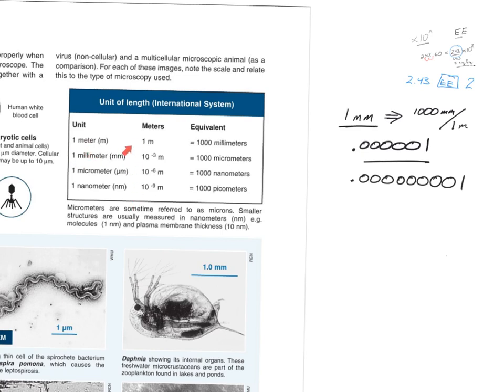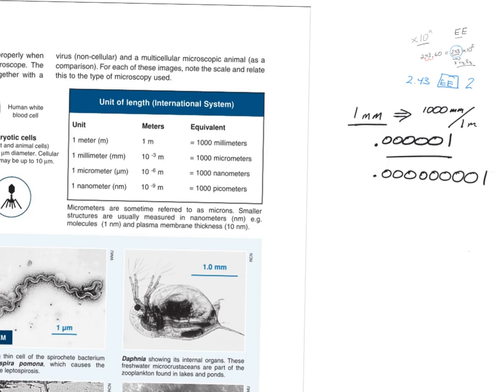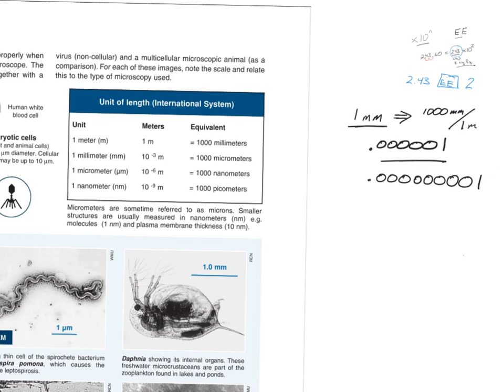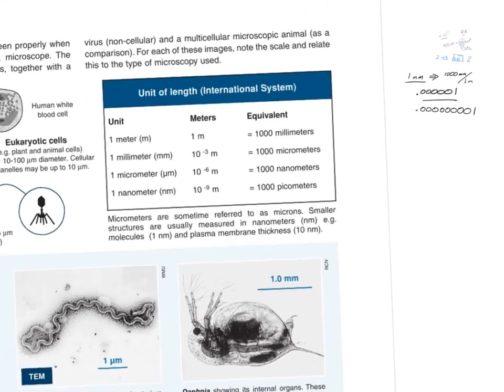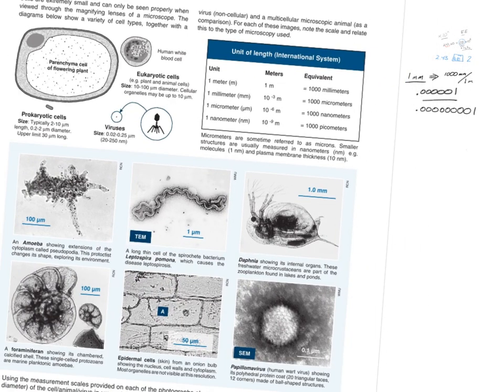So each one is 3 decimal places bigger than the previous one, right? So that's what we're talking about. 3 orders of magnitude bigger. These are scientific or international systems, SI units.